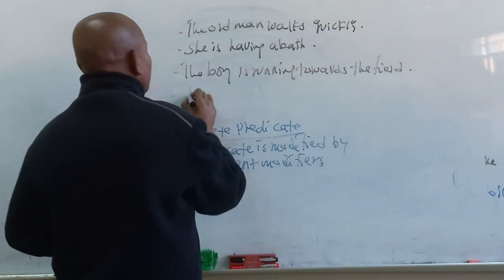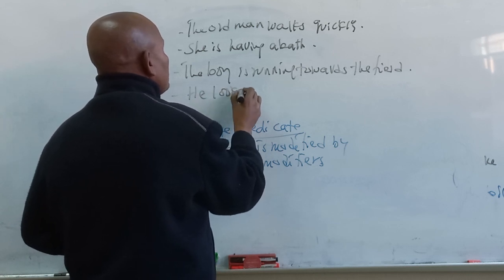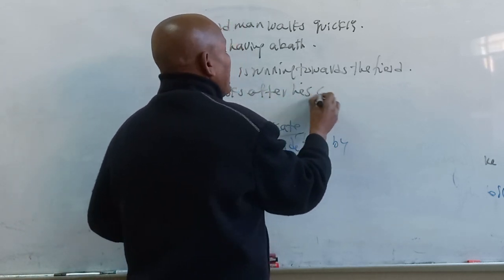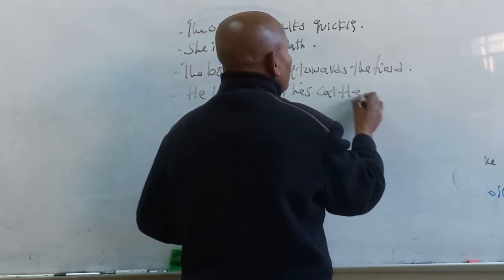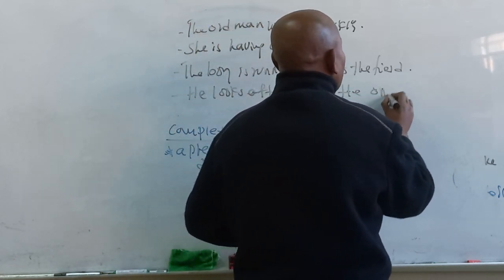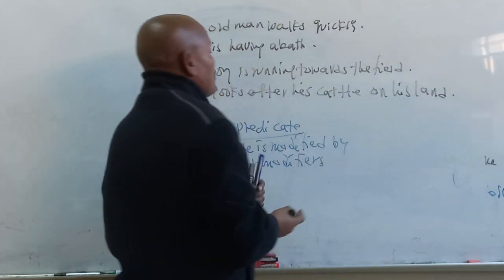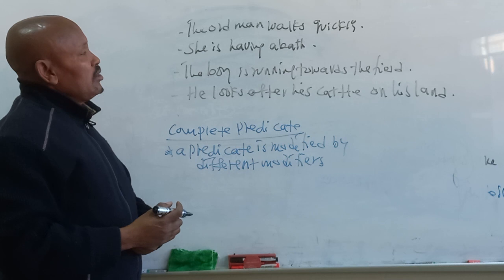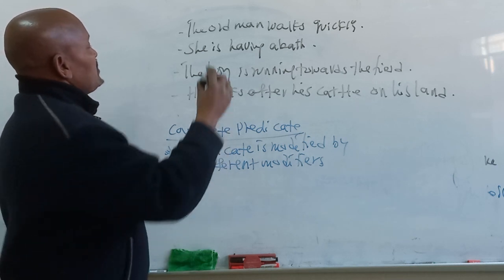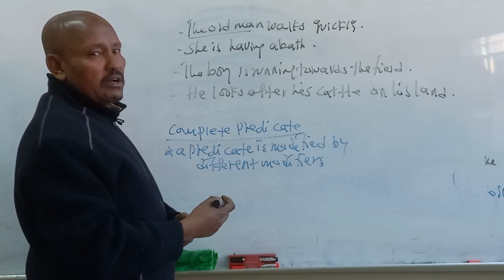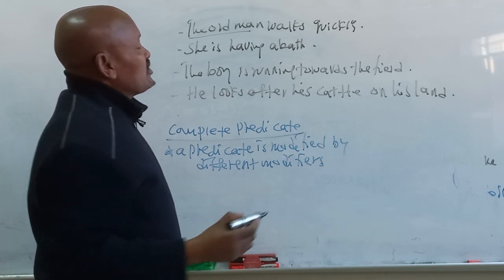He looks after his cattle on his land. Look at this example: the old man works quickly. ይሄን complete ነው የምንለው አይደል.